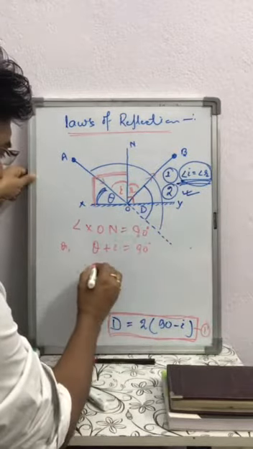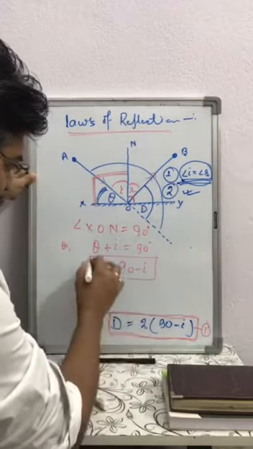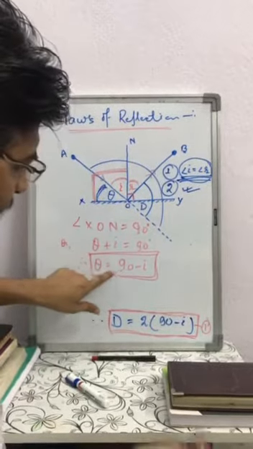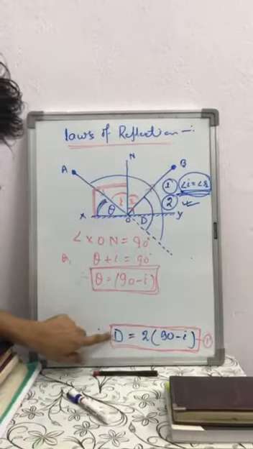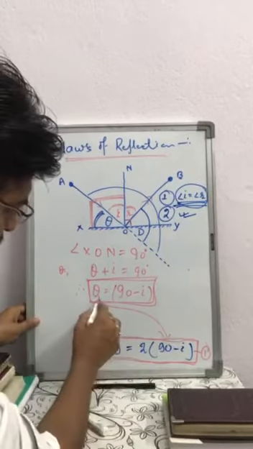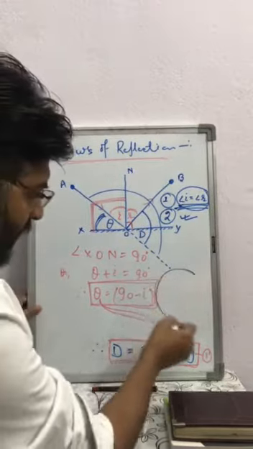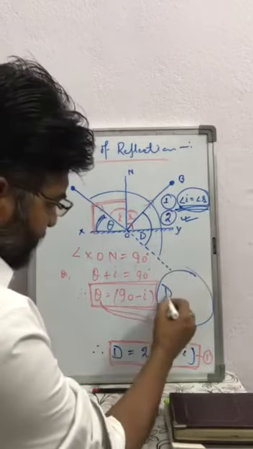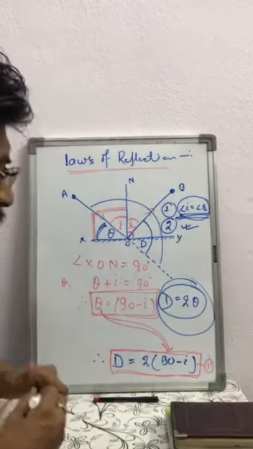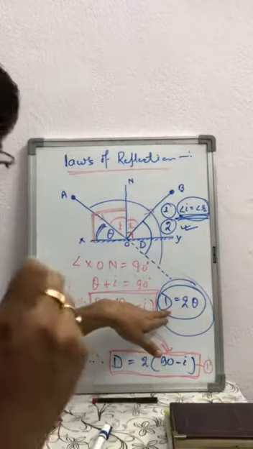Therefore theta is equal to 90 minus I. This is the condition. Now put the value of theta in equation 1. By putting this value of theta in this equation, we get D is equal to 2 theta. This is a very important property that we derived for a regular reflecting surface.